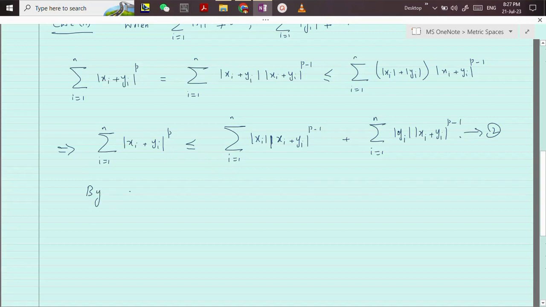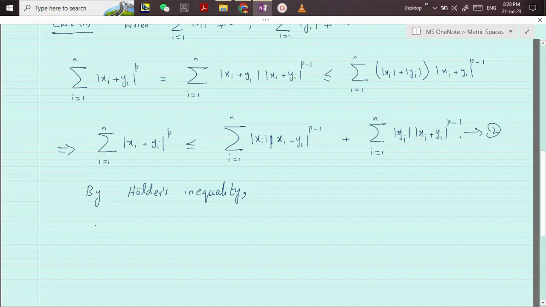So by Holder's inequality, what is the Holder's inequality?